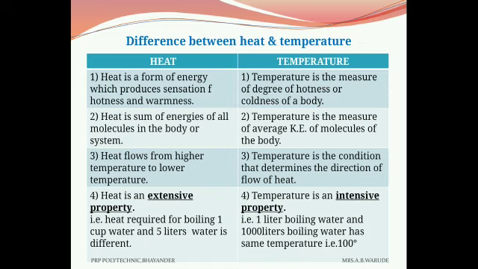Fourth point is, heat is an extensive property. For that, we take one example, that is 1 cup water and 5 liter water. If we observe the heat required for boiling 1 cup of water and the heat required for 5 liter water, it is different, and therefore heat is an extensive property.